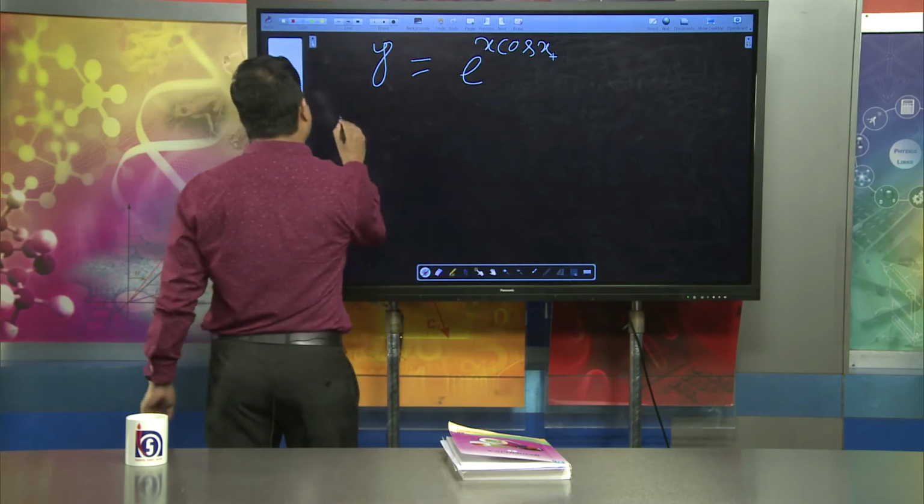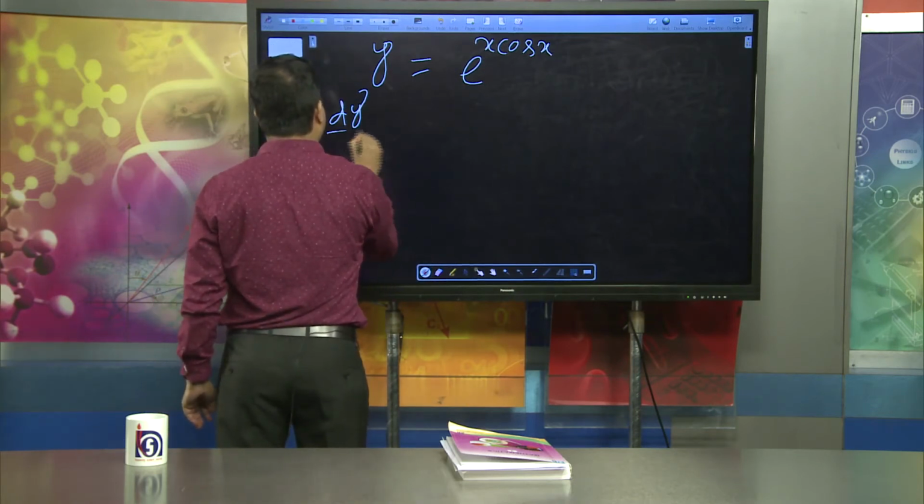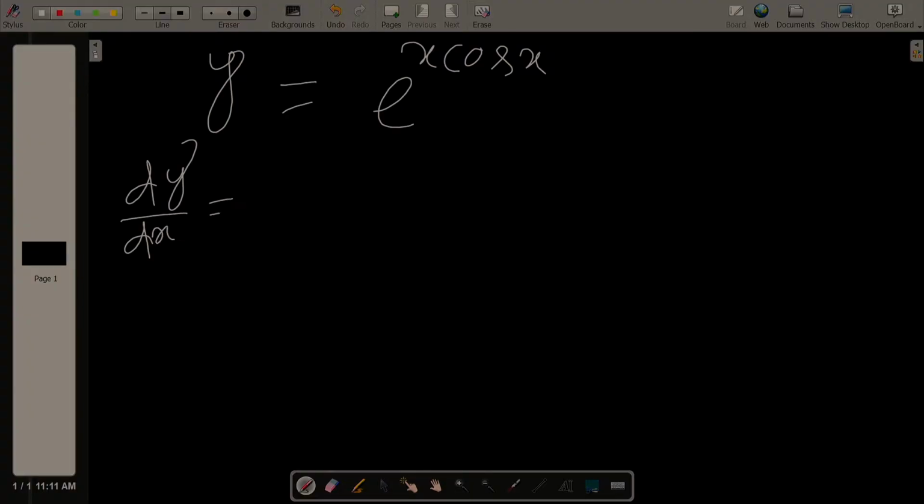So, I can write dy/dx equals d/dx of e raised to the power x cos x.